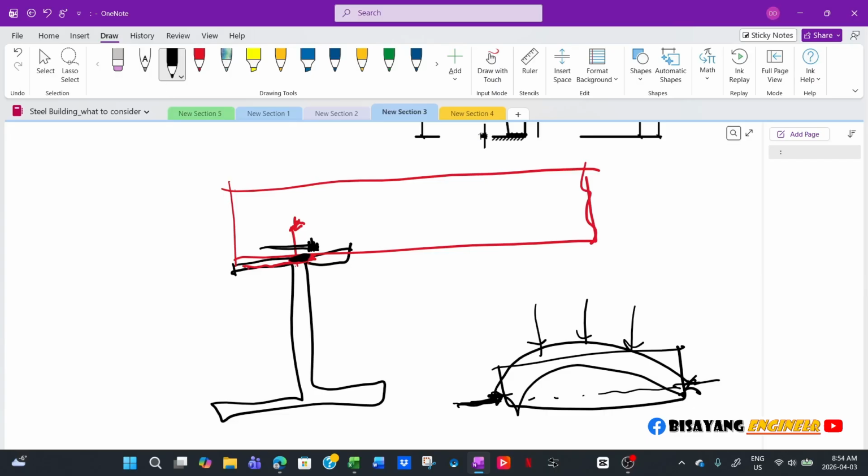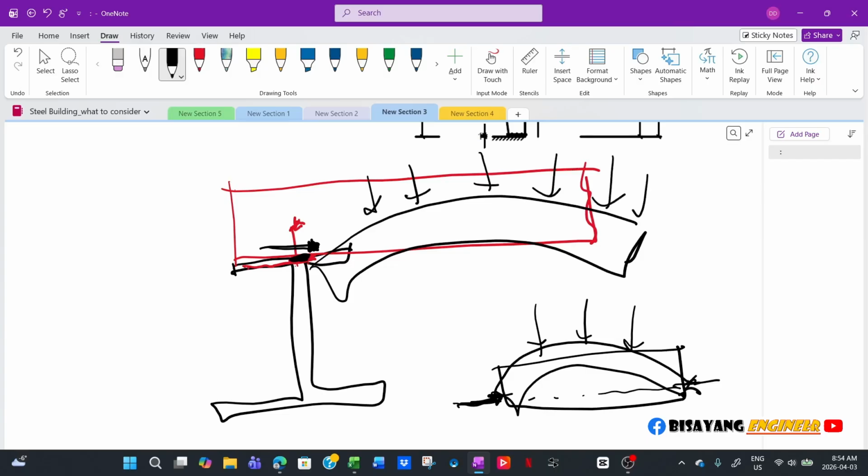So if you have load right here at the underside of the purlins, this will result in bending of the purlins upward. And then you have, of course, the gravity loads. You have the snow load, you have the dead load, and then if you have roof live load or any rooftop unit, or collateral loads.